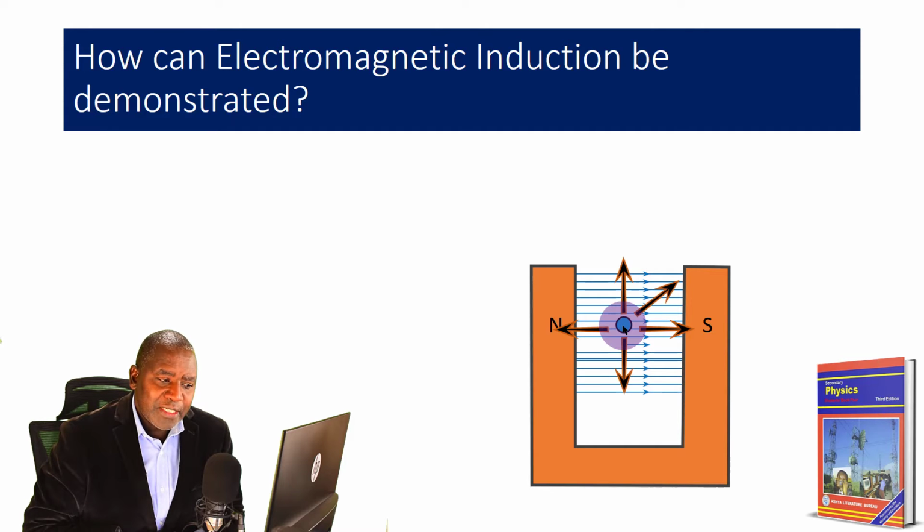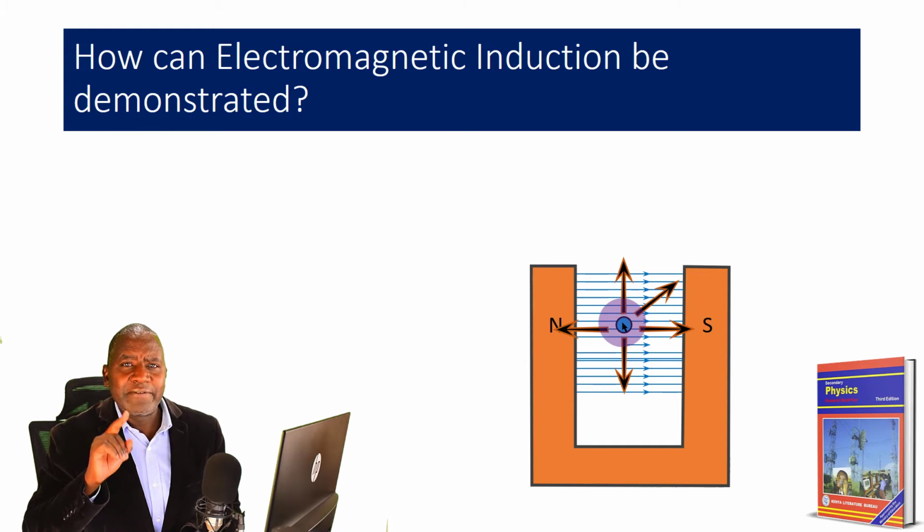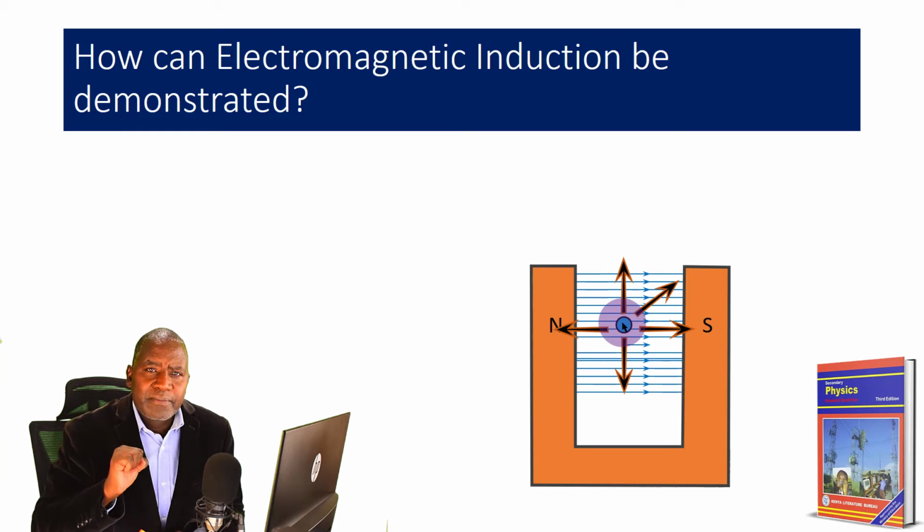If we move that conductor upwards or downwards or at an angle, we will observe that the galvanometer is going to deflect. Now let's just stop there.